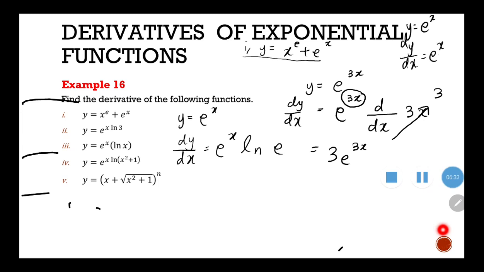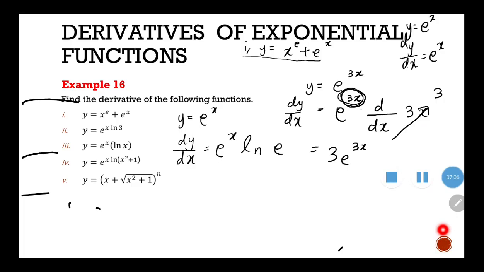Okay, but when you have a value here, as I said earlier, write back, if you have e to the power of 3x, write again e to the power of 3x and derive whatever function is on the top here.